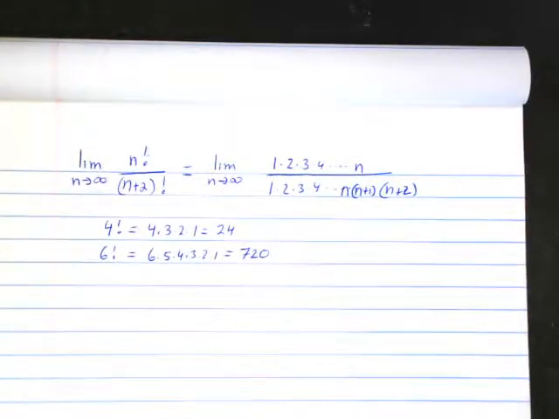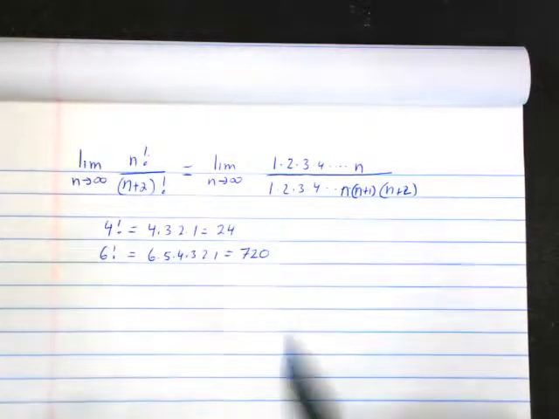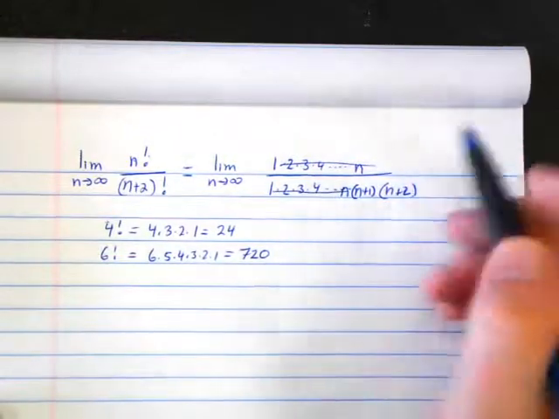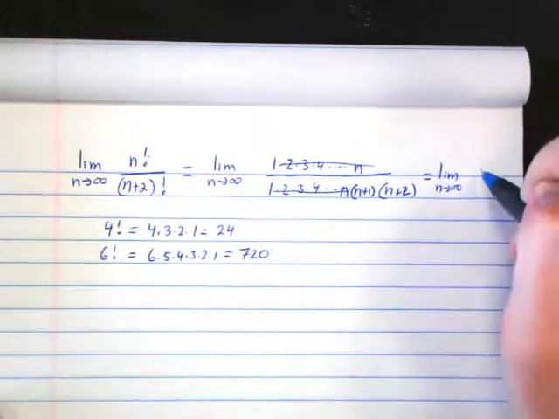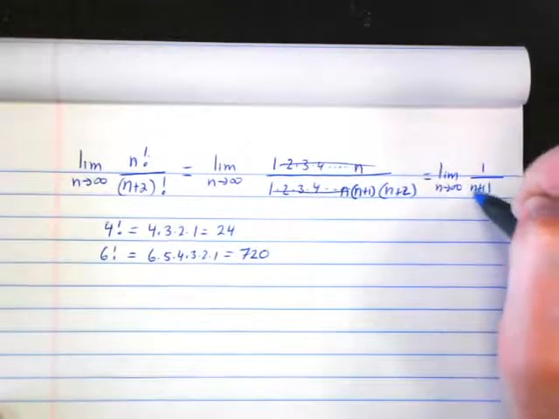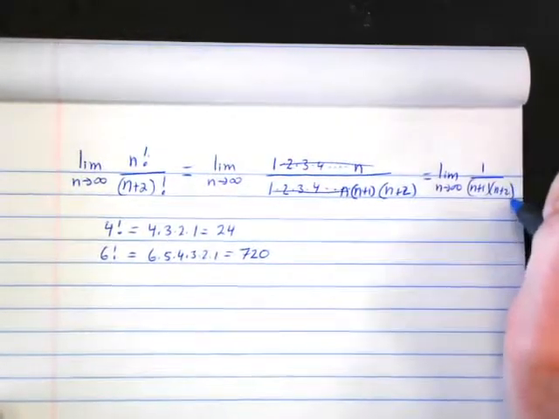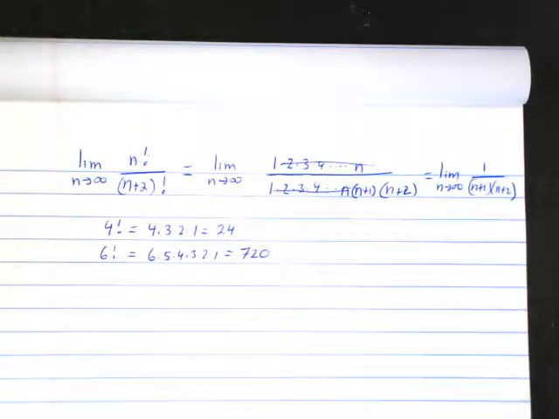So what cancels out? The n's. Everything, the 1's, the 2's, the 3's, the 4's, all the way up to n. So we're left with the limit as n goes to infinity of 1 over n plus 1 times n plus 2. And you're in the form 1 over infinity, so 1 over infinity as a limit is 0.